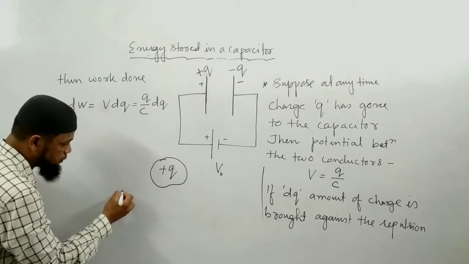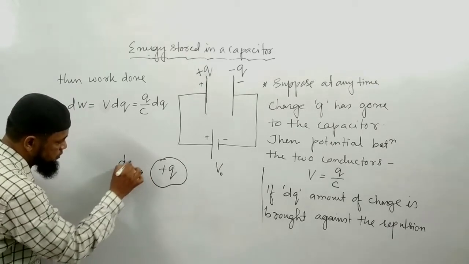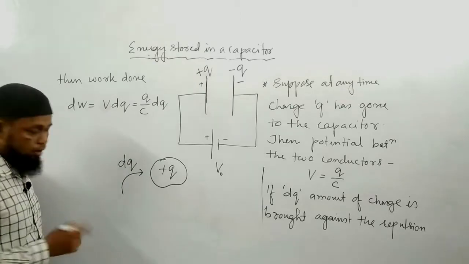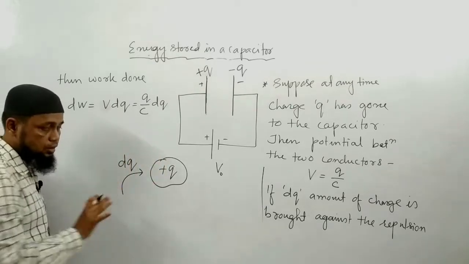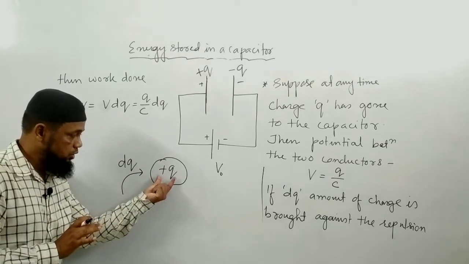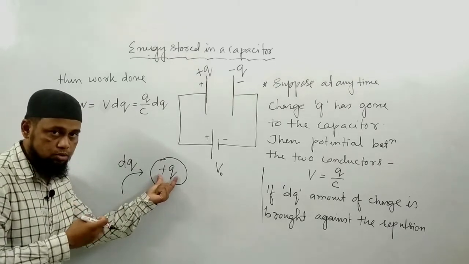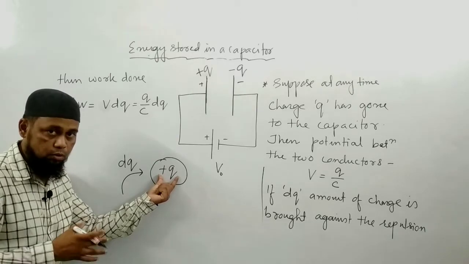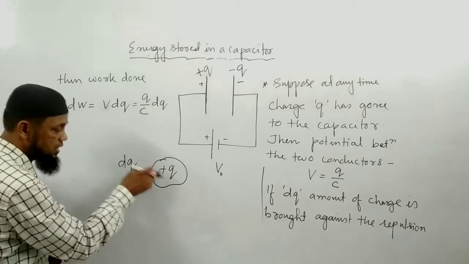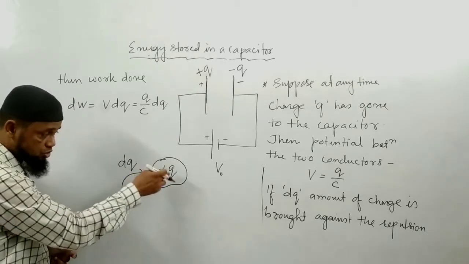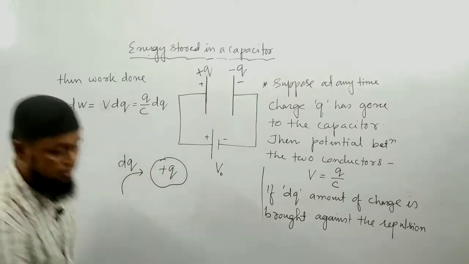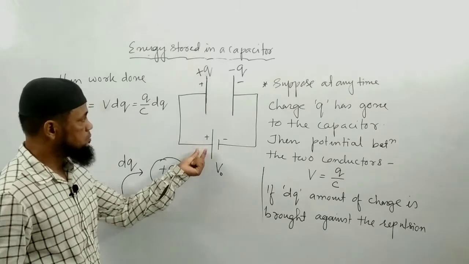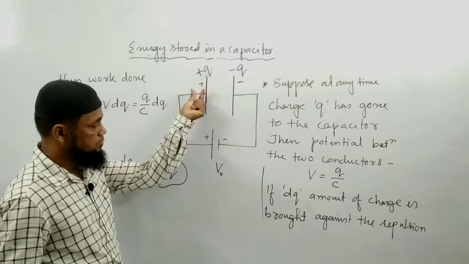Now you want to put an additional charge dQ. Will the conductor invite the charge or repel it? Definitely it will oppose it, so you have to work against this repulsive force. Similarly, this battery will have to work against the repulsive force.